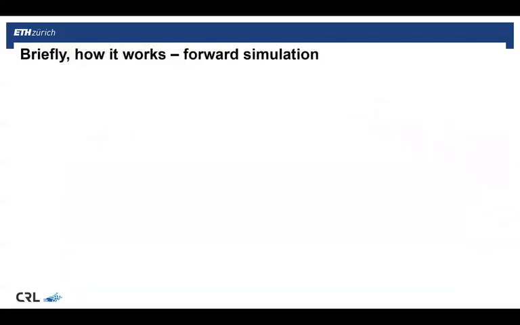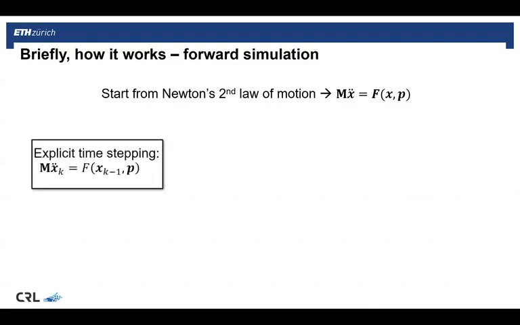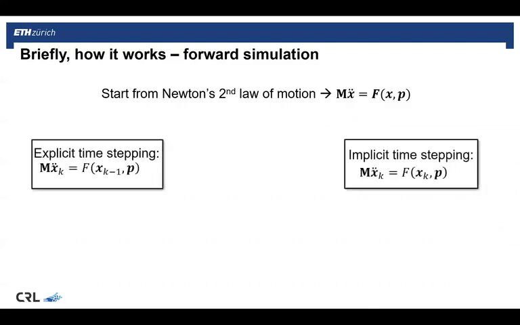At every discrete moment in time, we must find a configuration of the system that satisfies Newton's second law of motion. This is where we start to have many options in terms of how we can do this. I will not go into too much detail on this. I will just mention that generally speaking, we can categorize time-stepping schemes into explicit and implicit methods, each of which have their own strengths and weaknesses.